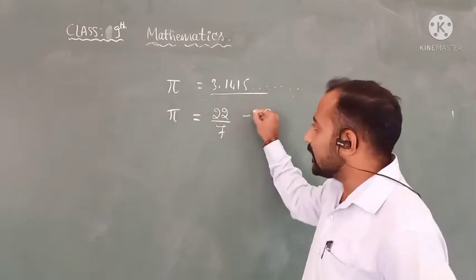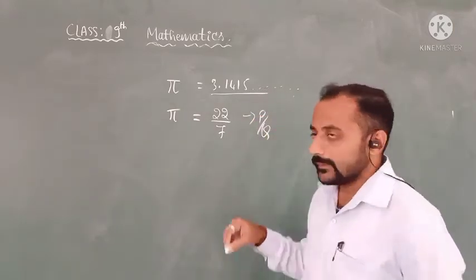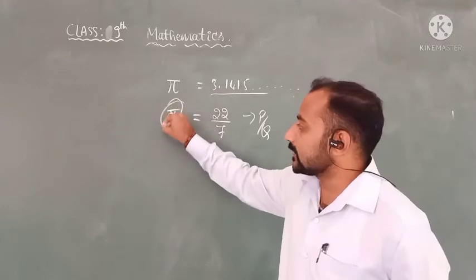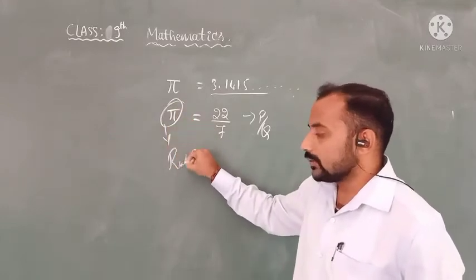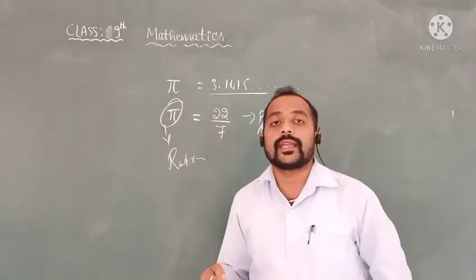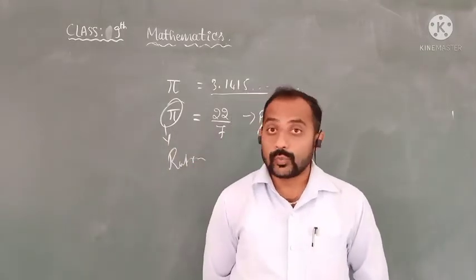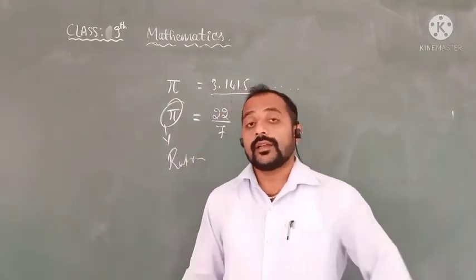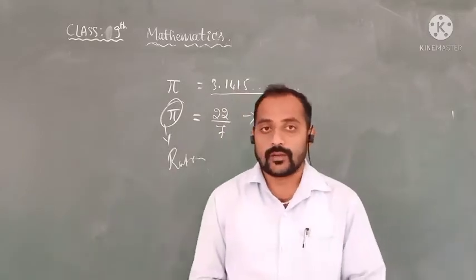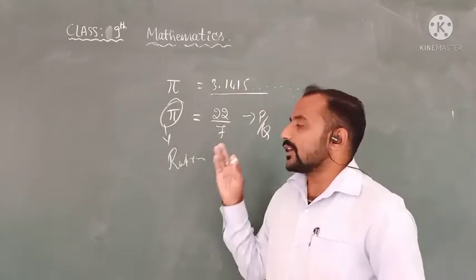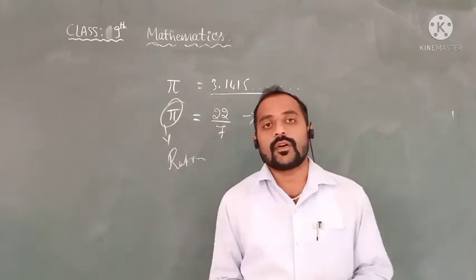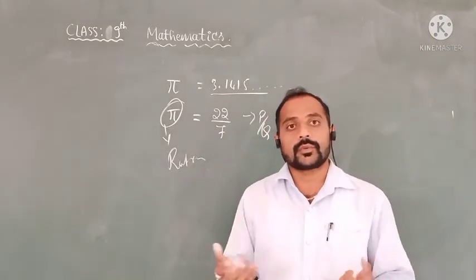So, 22 by 7 is in the form of p by q itself, right? So then the pi is nothing but rational, right? How can we take it as an example of an irrational? It's a rational number now because it is in the form of p by q.